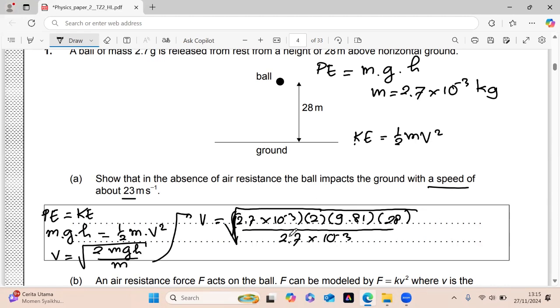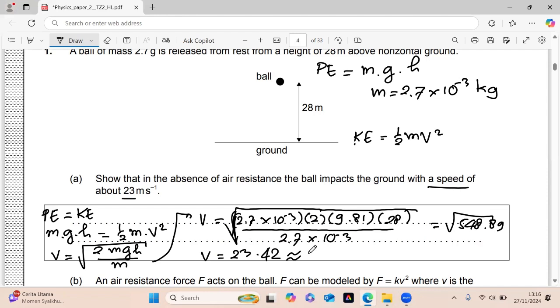Yeah, the square root. And if you calculate, the result is square root of 548.89, equal 23.42.